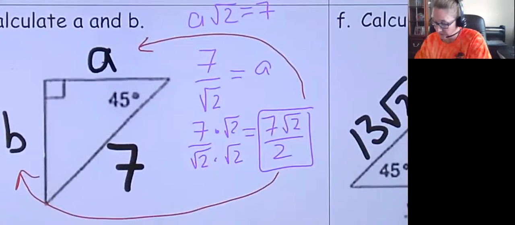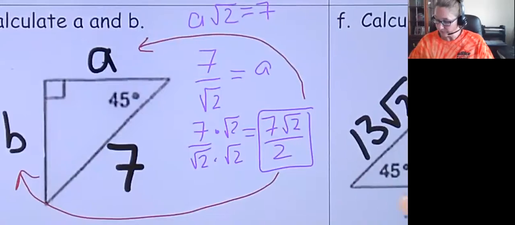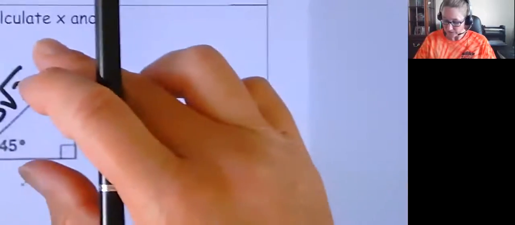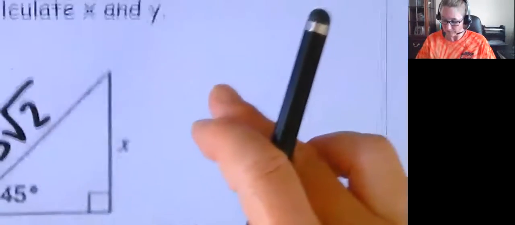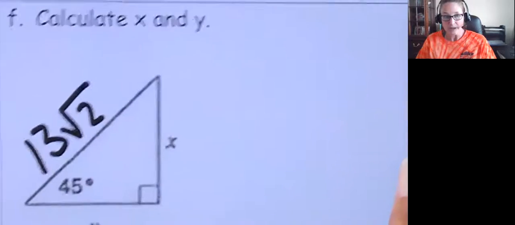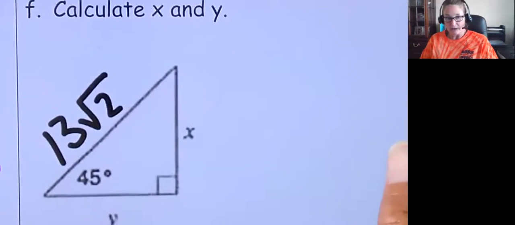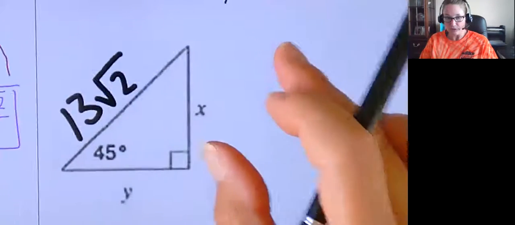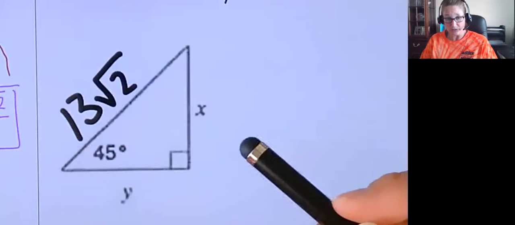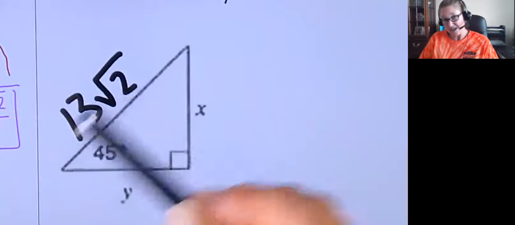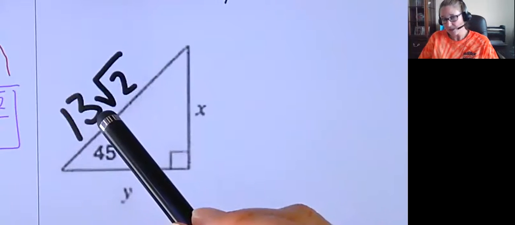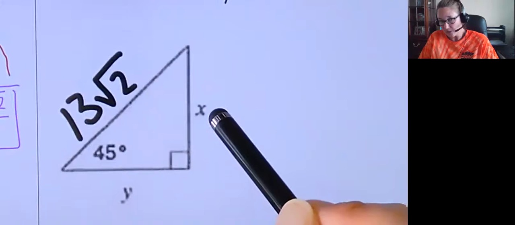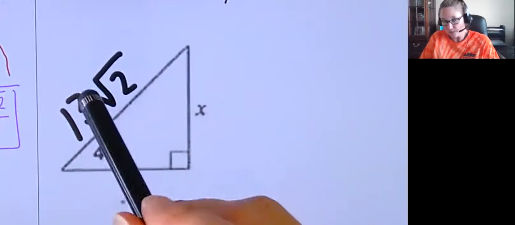Okay. Now the next one, letter F. Letter F, we are also dealing with a 45, 45, 90. This one's a little nicer because this time this hypotenuse has a root 2. So this was a 13. 13 times root 2 got that.